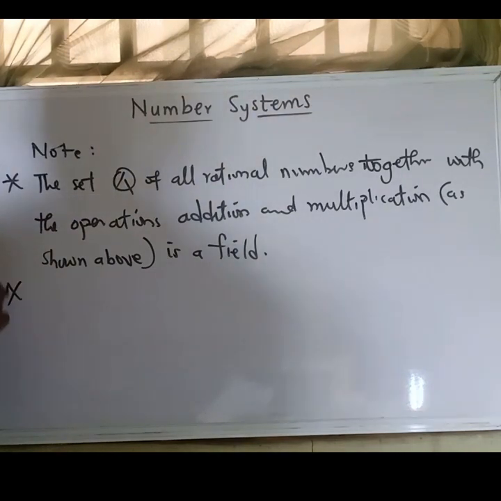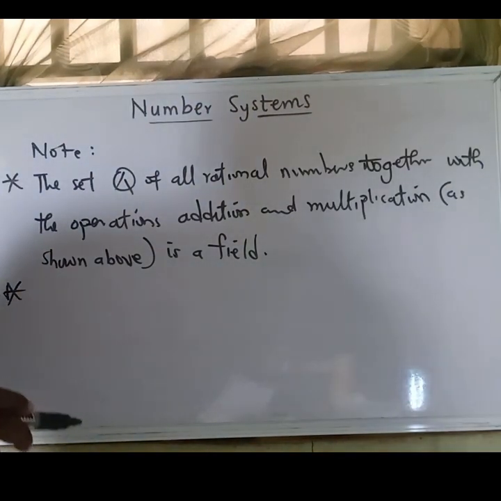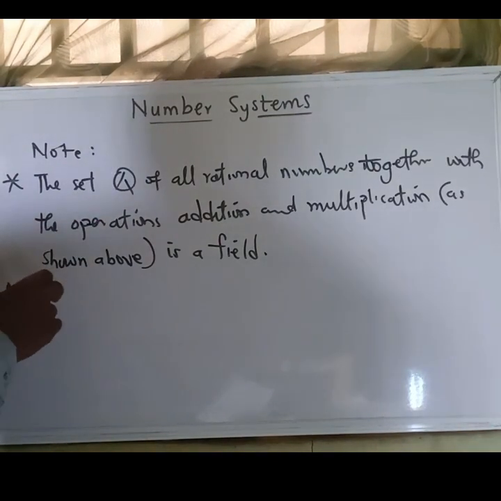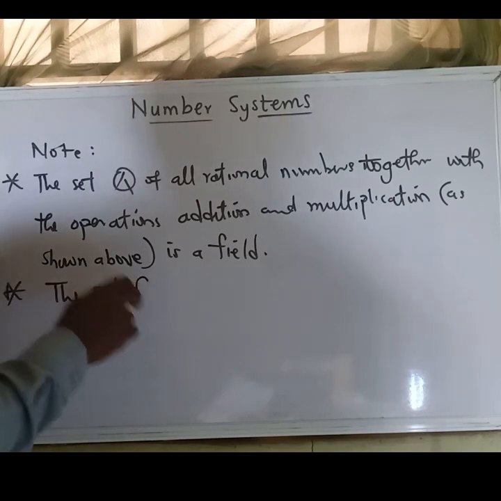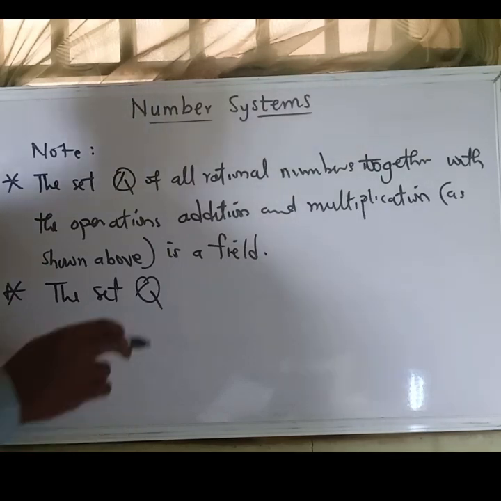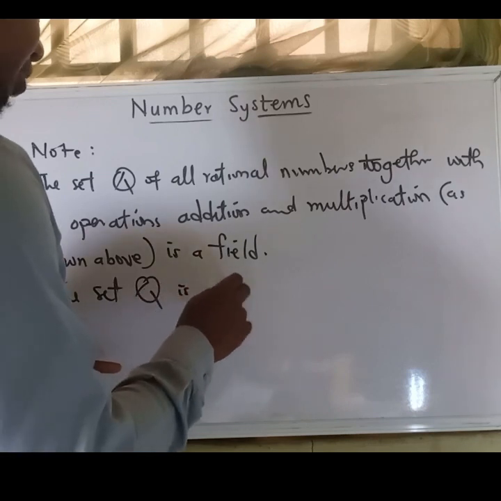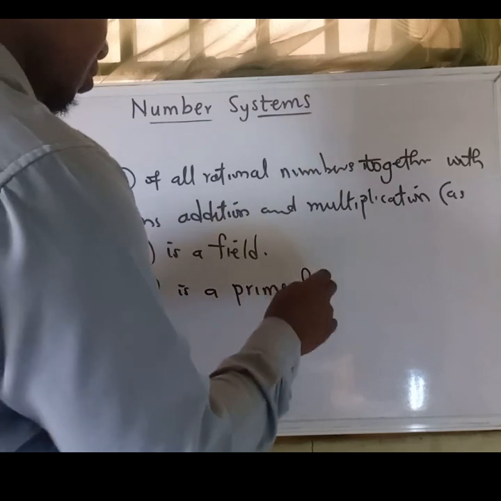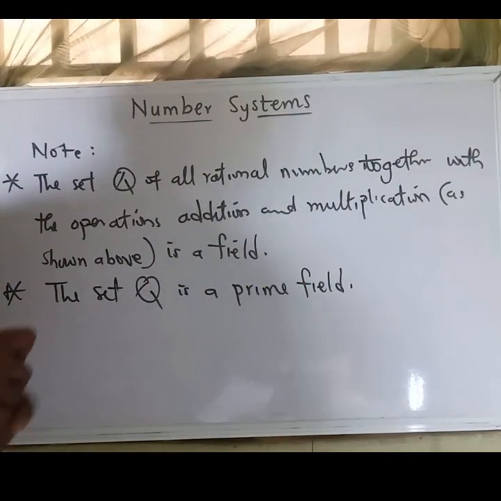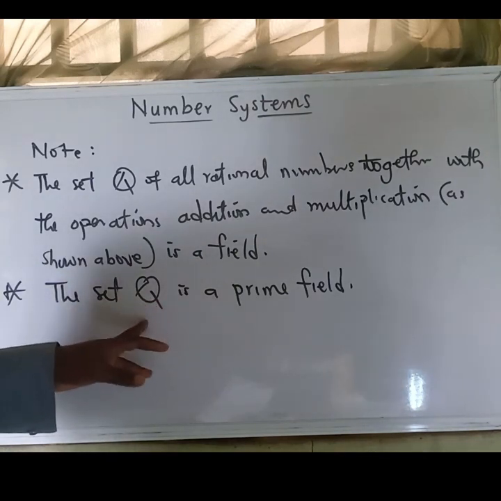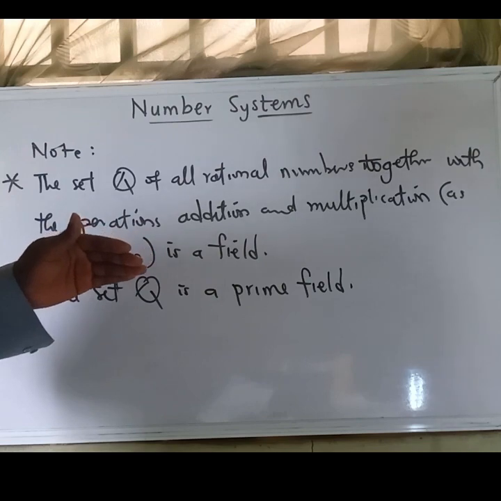It is also worthy to know that this field we are talking about here, this set Q of rationals, is a prime field. And why do we say that? This is the first type of set of numbers that satisfy the field axioms.